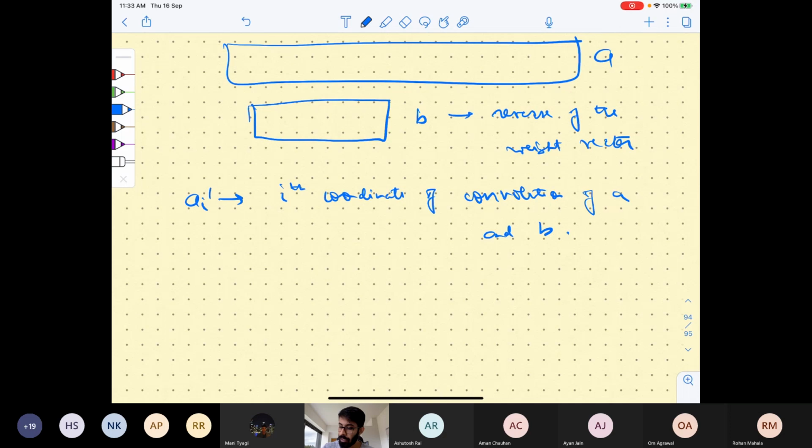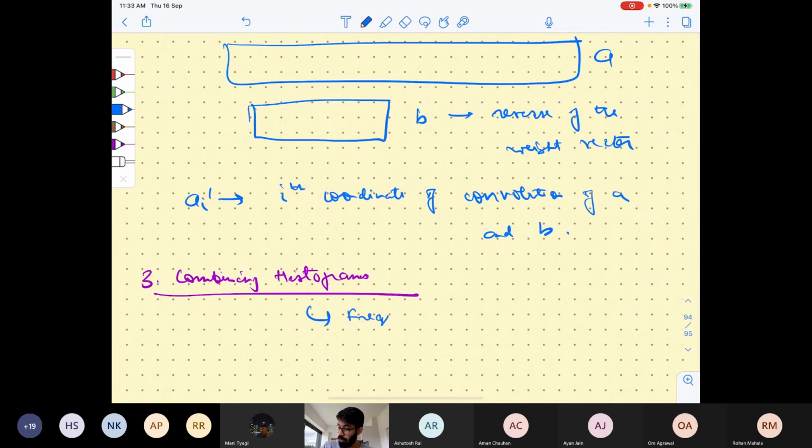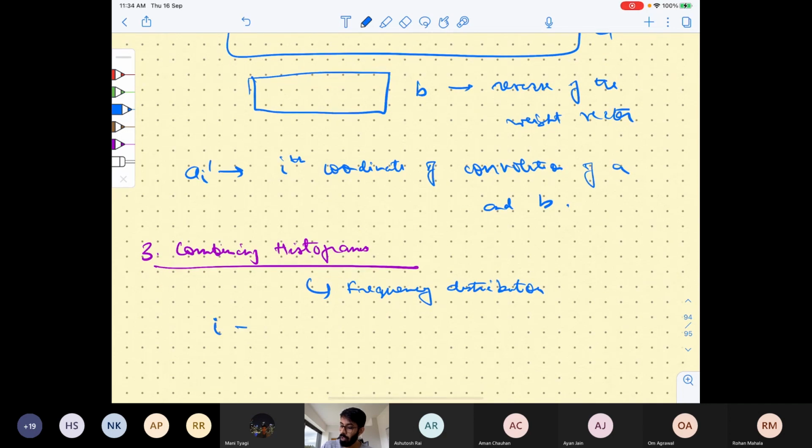which is combining histograms. So what is a histogram? A histogram is a frequency distribution. So for a number I, you are given the frequency, or how many times I occurs in some data.